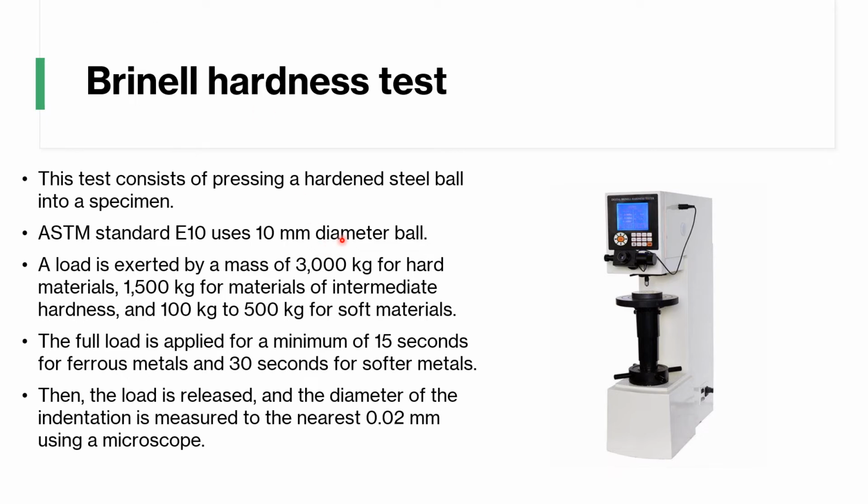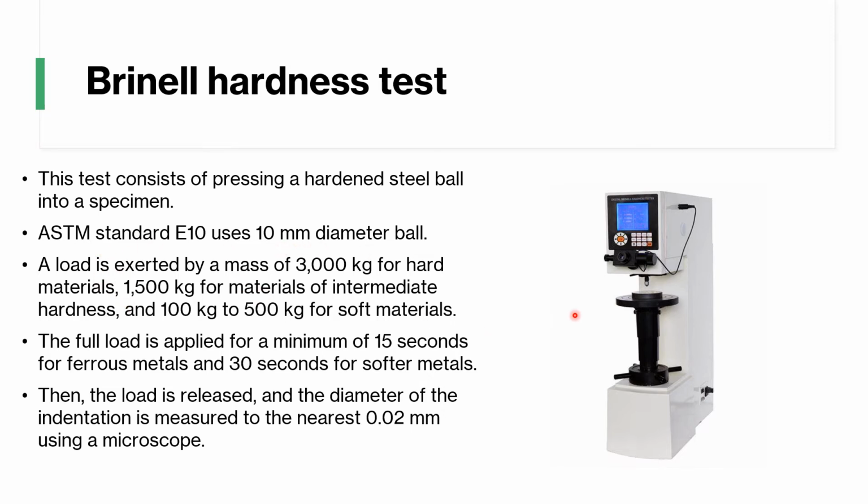The very first one is your Brinell hardness test. This test consists of pressing a hardened steel ball into a specimen, and we follow ASTM standard E10, and these standards always specify the size and shape. You will have a 10 millimeter diameter for this standard.